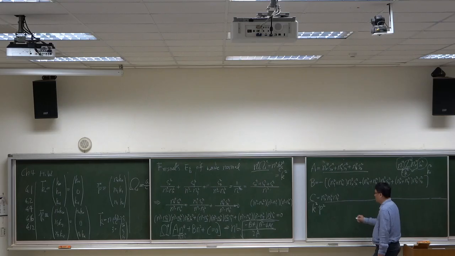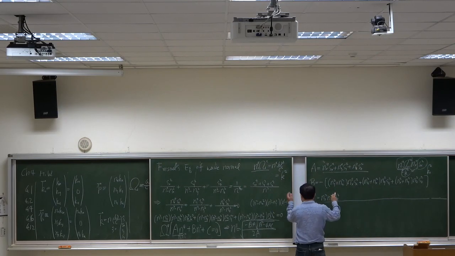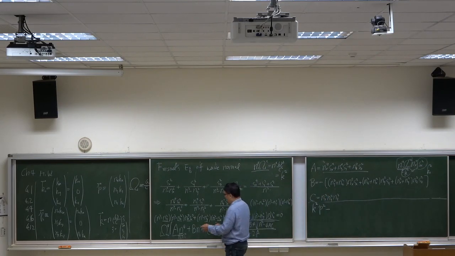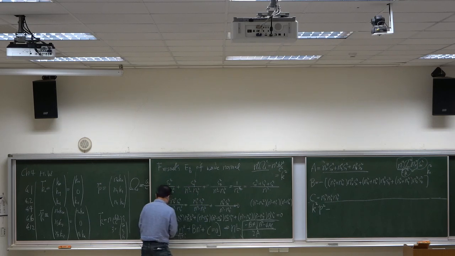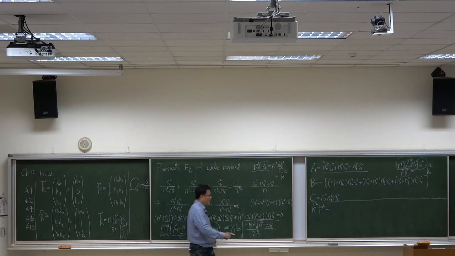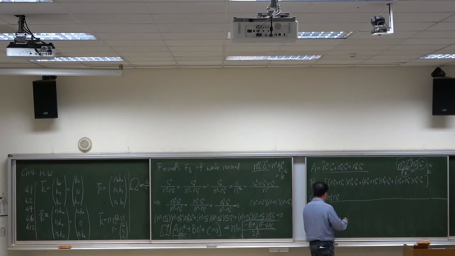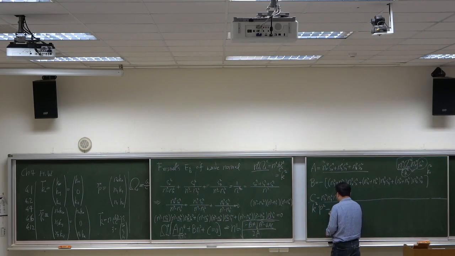And then we encounter a minus sign. And here we still have omega squared times n squared.